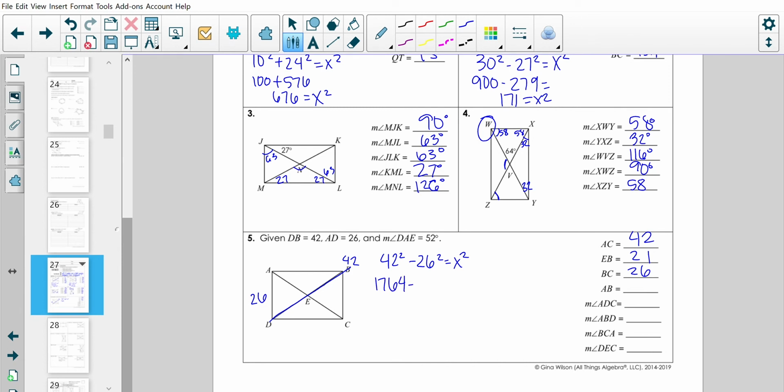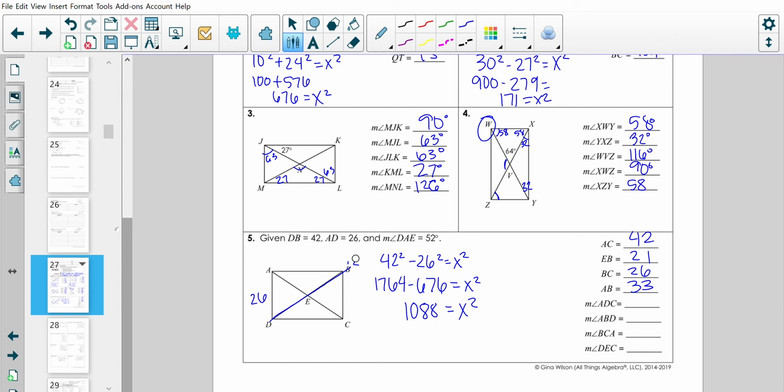What's 26 squared? 676. What do you get when you subtract those? 1088. And the square root of 1088 is 32.9. So we're going to go with 33.